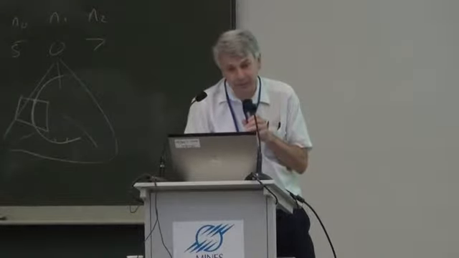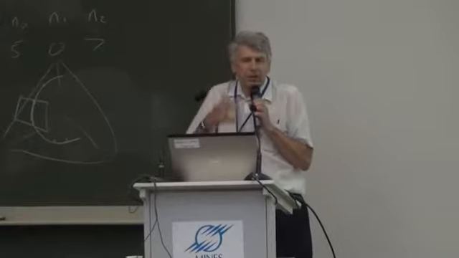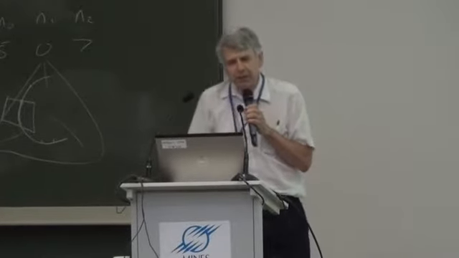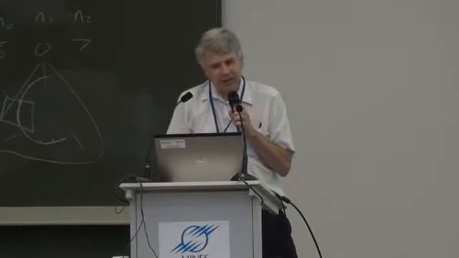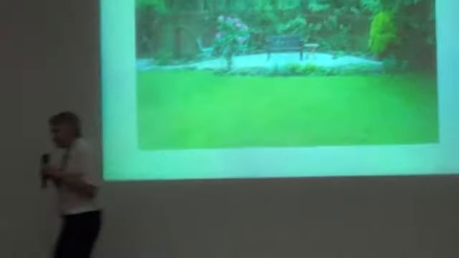In order to see what's going on with the cross ratio, here's a picture I took of my back garden in England. You can see down at the bottom of the garden is a flower bed, which is roughly a straight line. I took this picture during daylight hours, and I came back at dusk and took another picture.